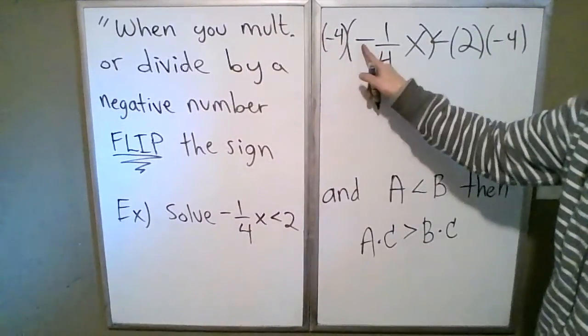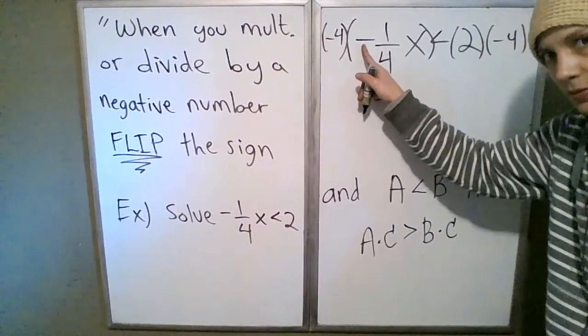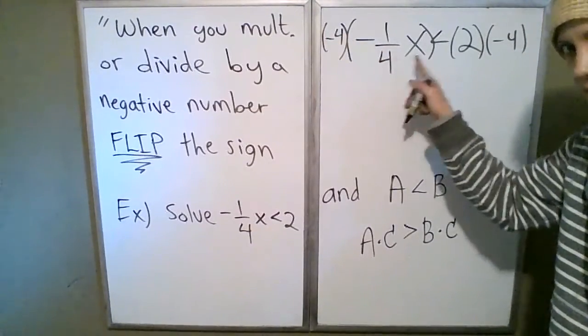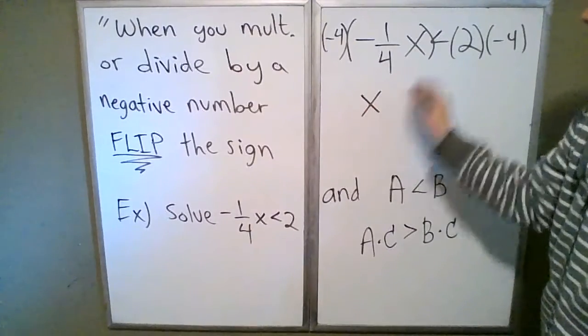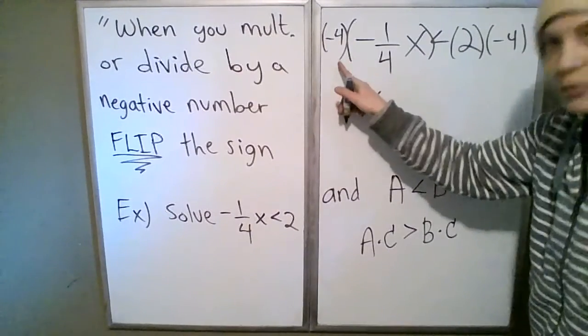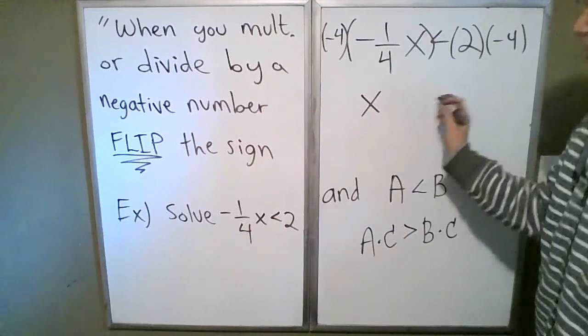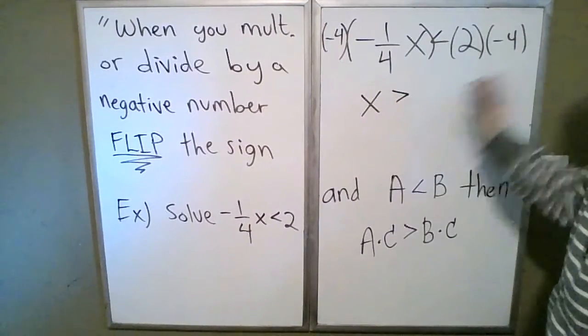That negative with that negative makes this side positive. That 4 over that 4 is 1, and so this side is positive x. Actually, we've multiplied by a negative number on both sides, so I flipped the sign. x is greater than -8.